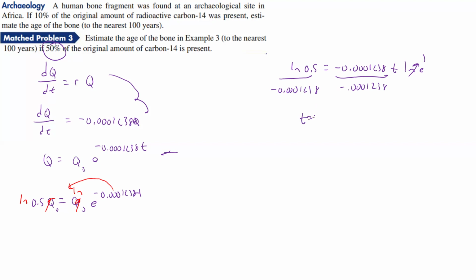And so t is equal to, and we plug that into our calculator, we get t is equal to 5598.9, but they want it to the nearest 100 years. So that's just going to be 5,600 years. That's how old that sample of bone was at that archaeological site. All right, so let's pause there and we'll come back for some more.